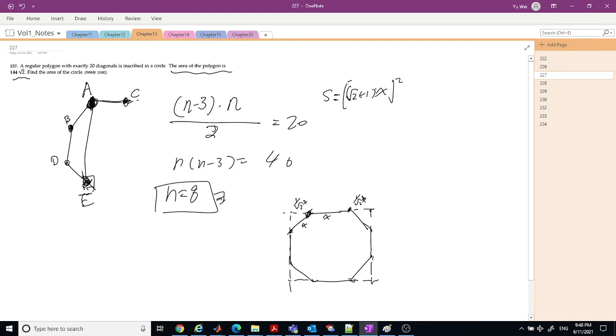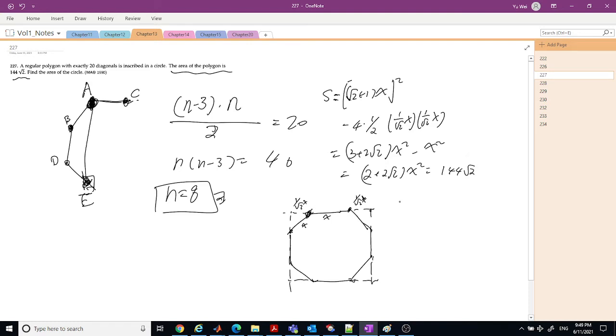The square of this, minus 4 times half of 1 over root 2 x times 1 over root 2 x, equals 3 plus 2 root 2 times x squared, then minus x squared, which is 2 plus 2 root 2 times x squared, is equal to 144 root 2.